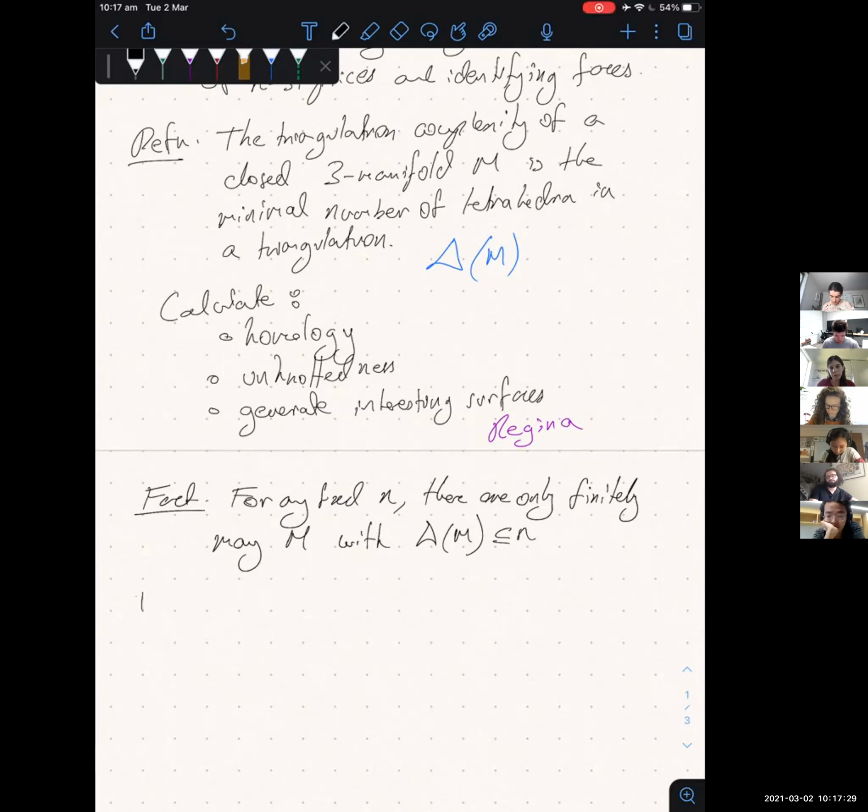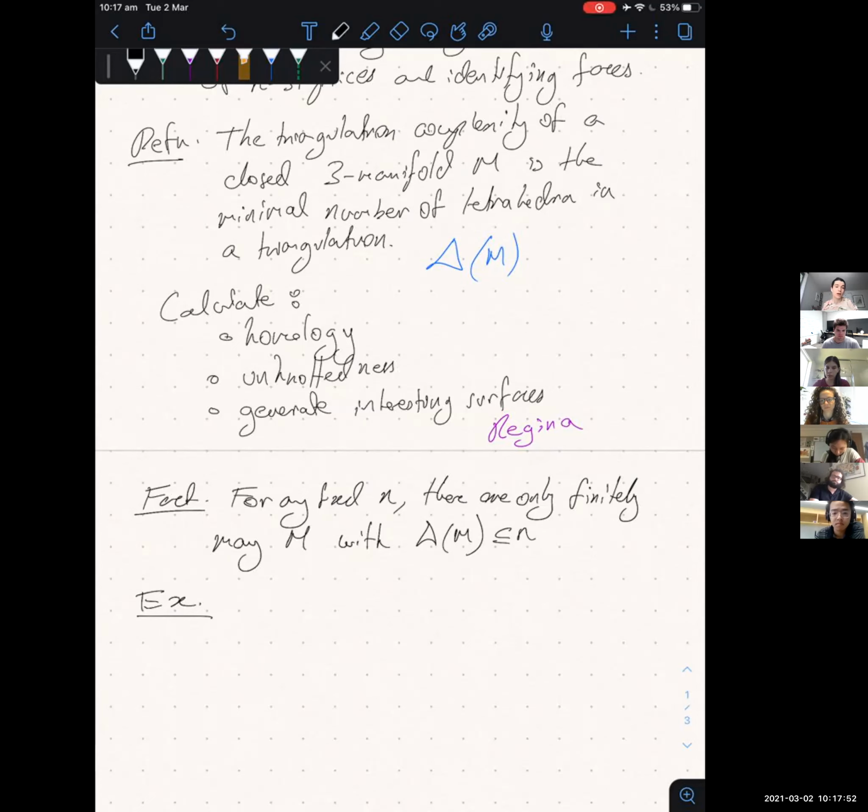But what are some examples? Well, one world where we really understand what's going on is in surfaces. I know that I said that definition for 3-manifolds, but you can write down the analogous thing with surfaces and triangles, and you get a sensible definition.